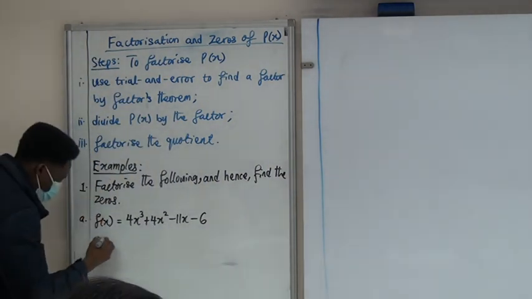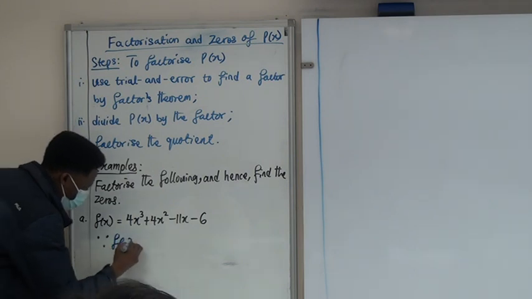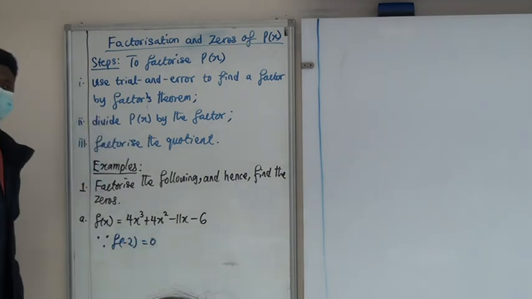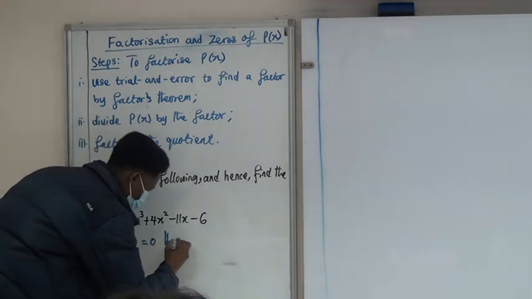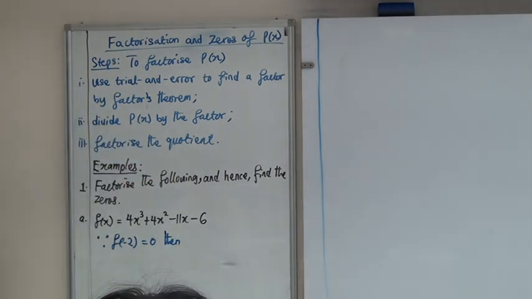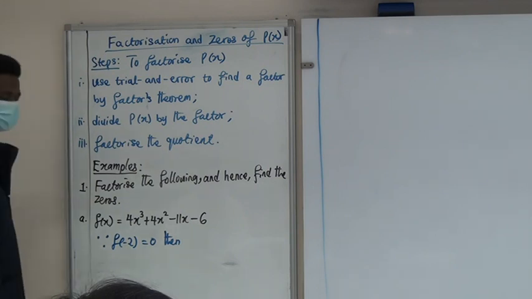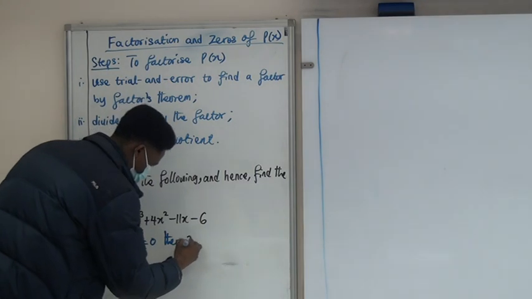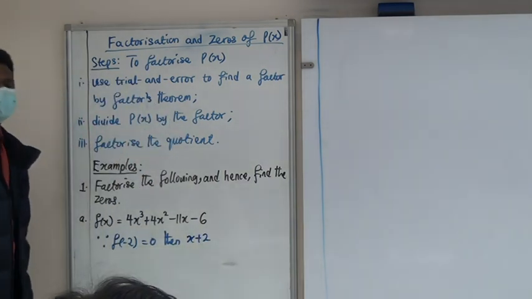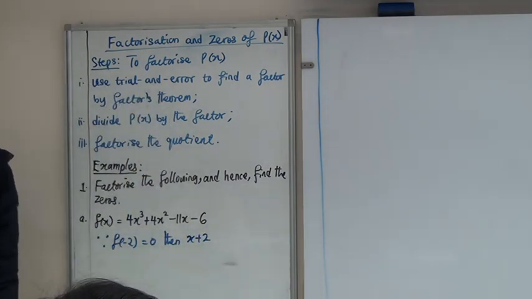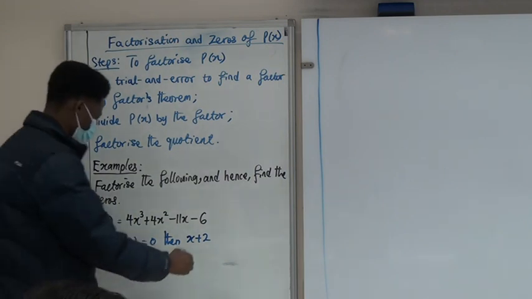So, since f of minus 2 is equal to 0, then what is the factor? X plus 2. Come on, talk. Then what is the factor of f of x? I just explained something now. X plus 2. I need to know that everybody's following.